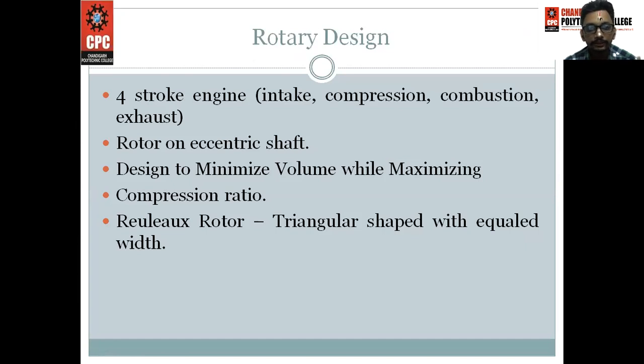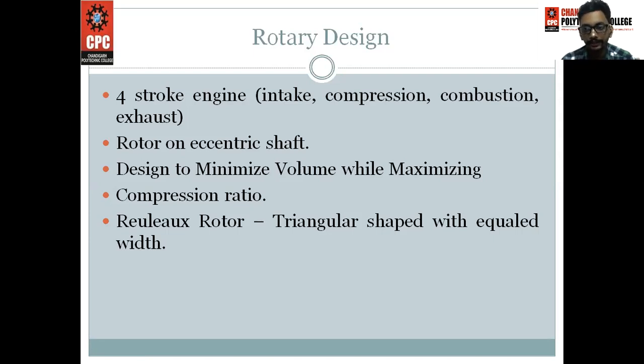Four-stroke engines: first is intake, where the mixture enters the chamber, and second is compression. The mixture is compressed by the piston or rotary engine, and the third is combustion. In the combustion process, spark plugs or igniters ignite the air-fuel mixture with sparks.